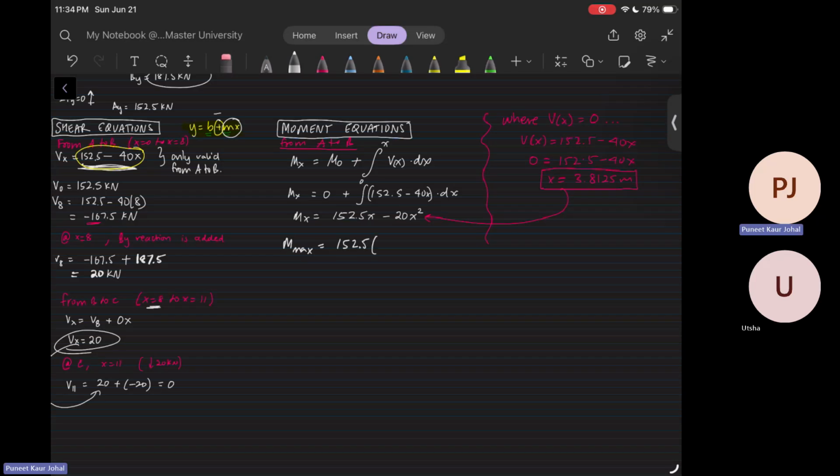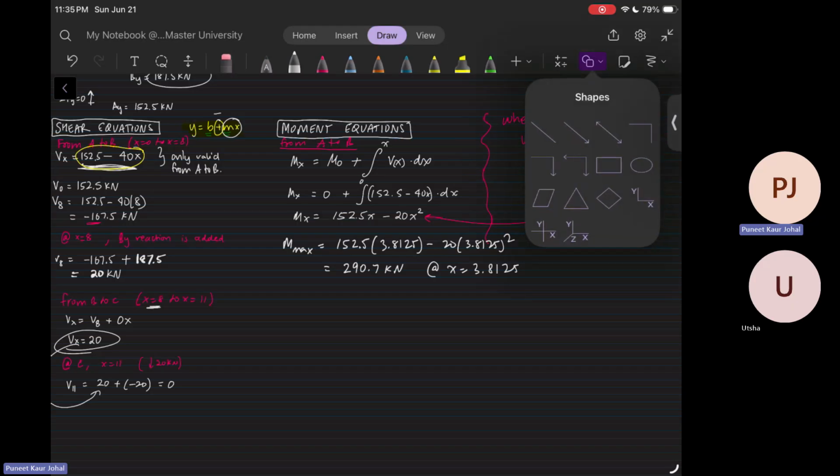So if you do that and you put the value 3.8125, 3.8125 squared, it turns out that our max moment is 290.7 kilonewton, and that happens at x equals 3.8125.